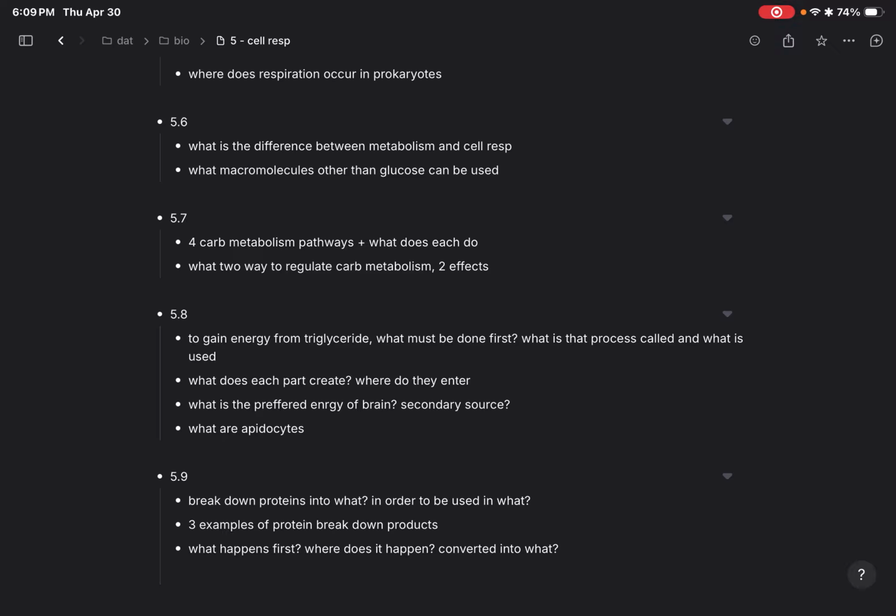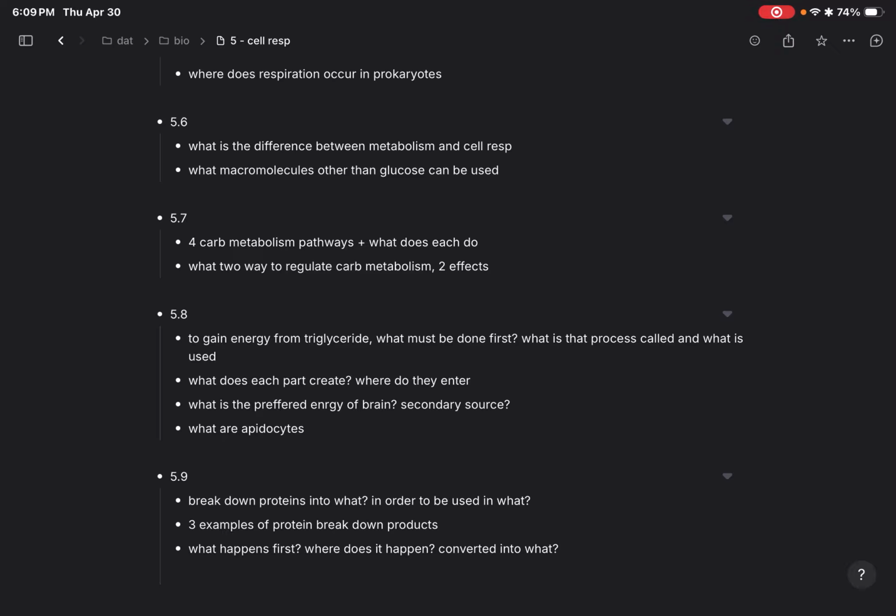Okay, carb metabolism pathways. So there's glycolysis, there's glycogenesis, and gluconeogenesis. That was rough. Let me find it.